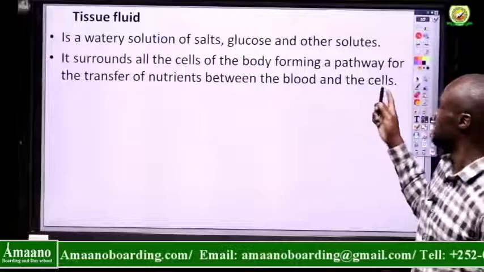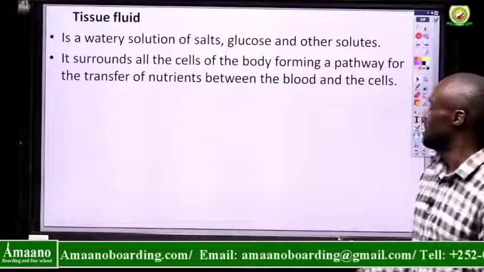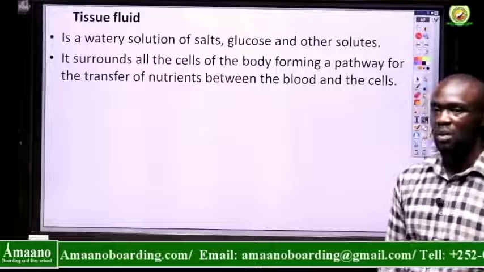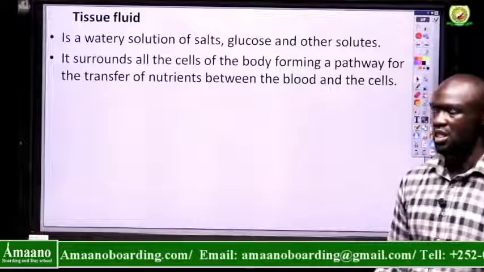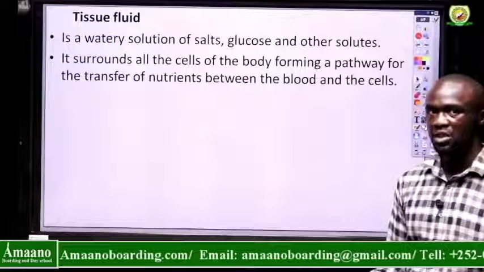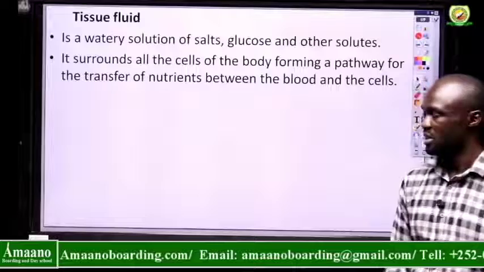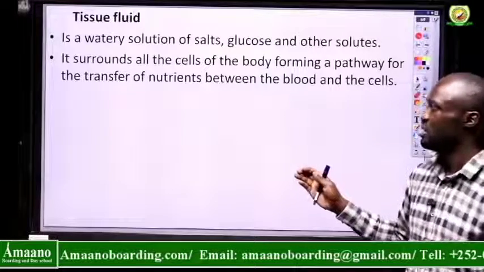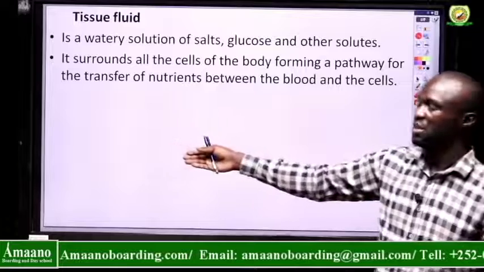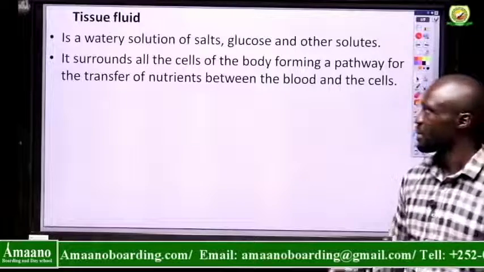It forms a pathway for the transfer of nutrients between blood and the body cells. When materials diffuse out of blood capillaries, they dissolve in that tissue fluid. Then from the tissue fluid, they are carried to the body cells. That's why we are saying it provides a pathway for transfer of nutrients between blood and the body cells.